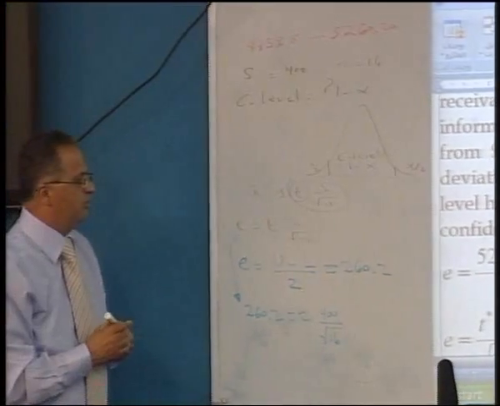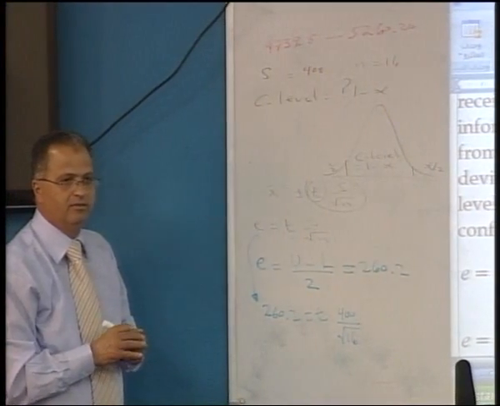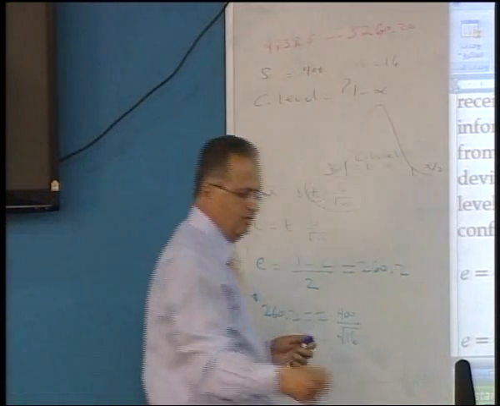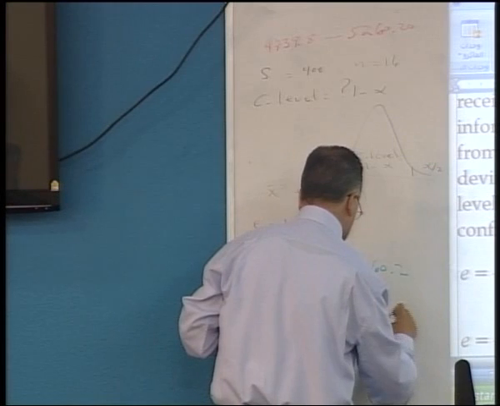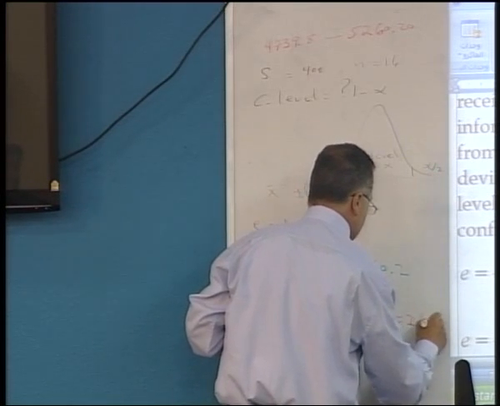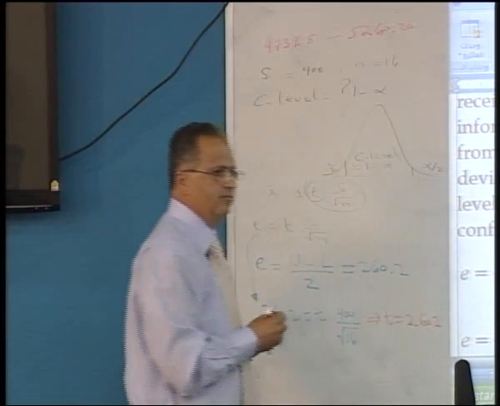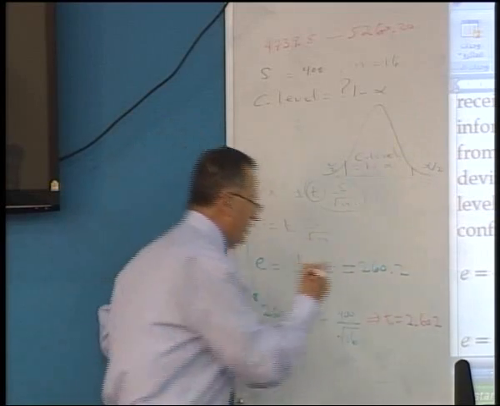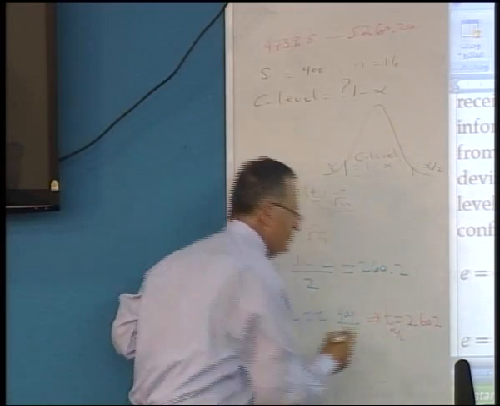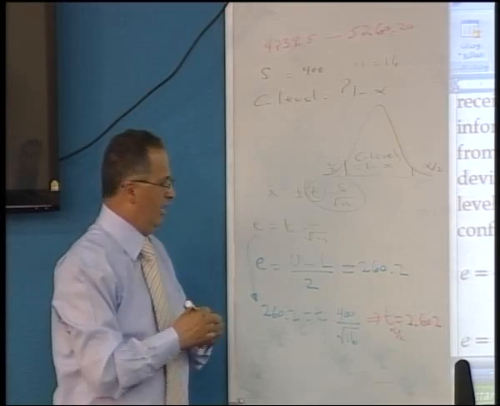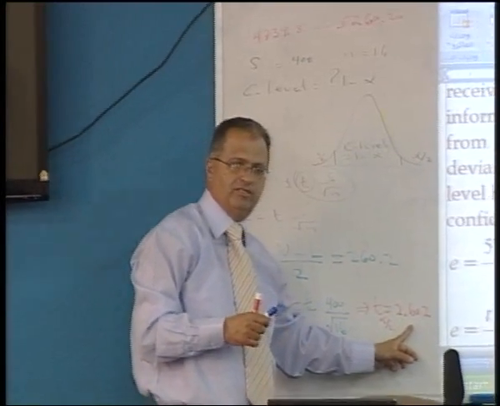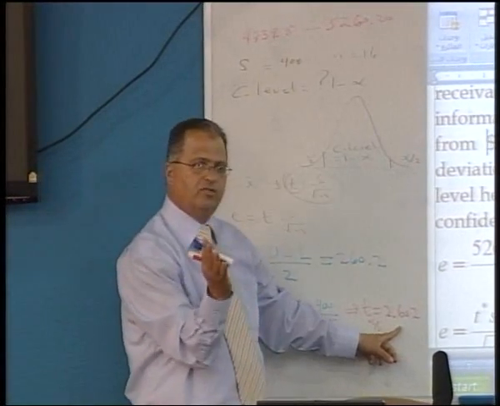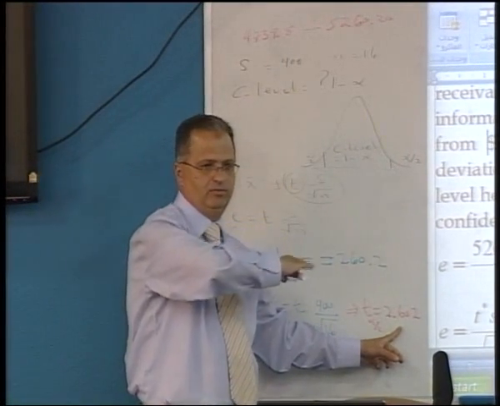Now a simple calculation will give the value of T, which is the critical value. So my T equals 2.602. Actually, this is T alpha over 2. Now the critical value is known to be 2.602. What's the corresponding alpha over 2?